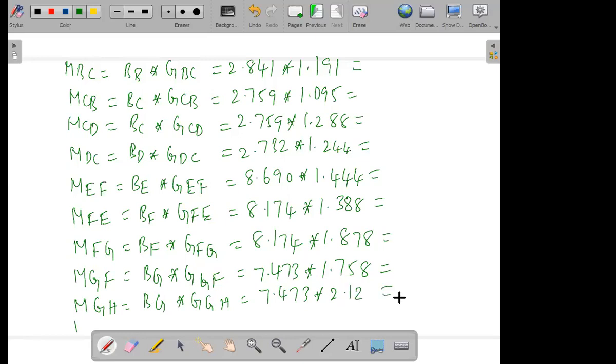So finally, the final one is MHG is equal to BH into GHG, 7.248 into 2.06.